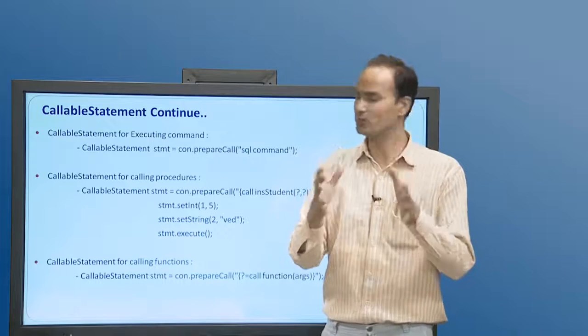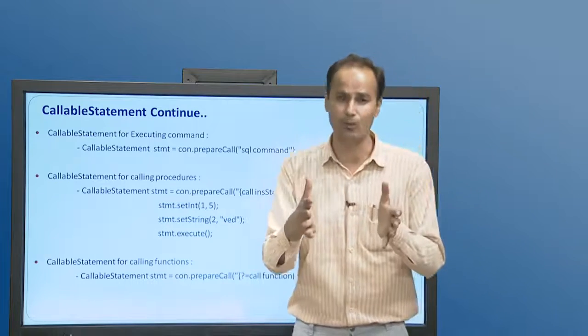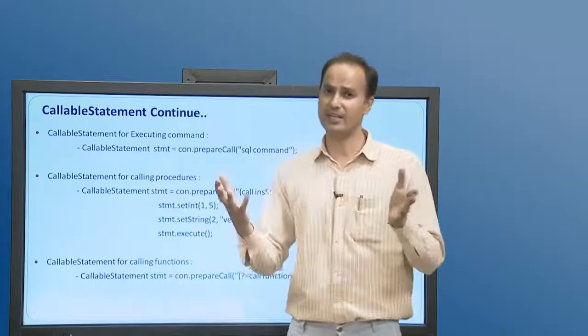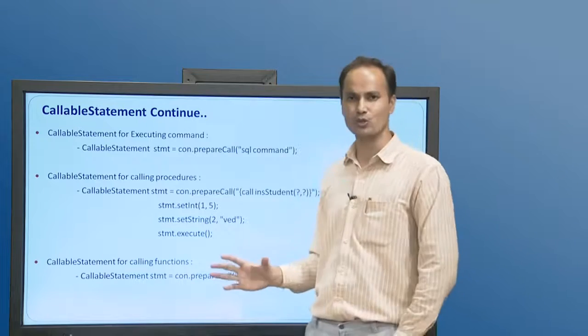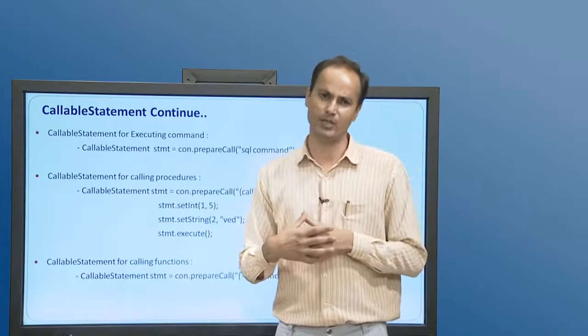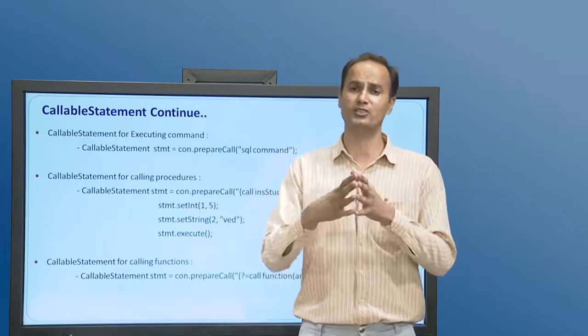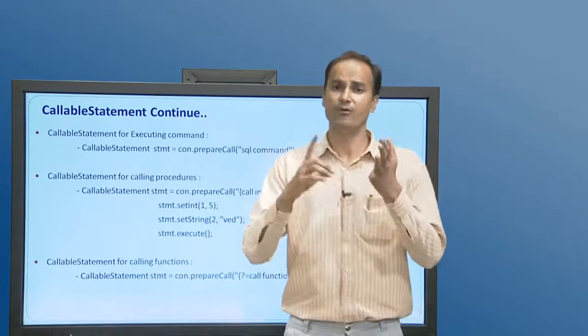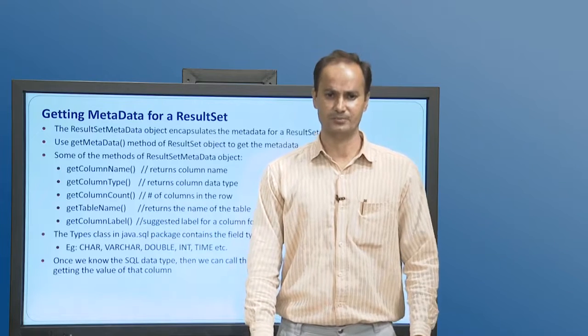That means the difference between a stored procedure and a function is that a stored procedure will never return a value, while functions may return a value. Whatever value it returns will be stored and can be manipulated. So this is all about callable statement, which helps us execute either a stored procedure, a function, or a SQL command from the database.